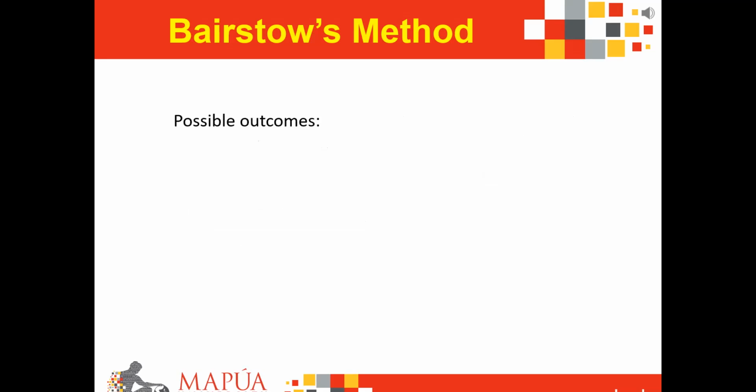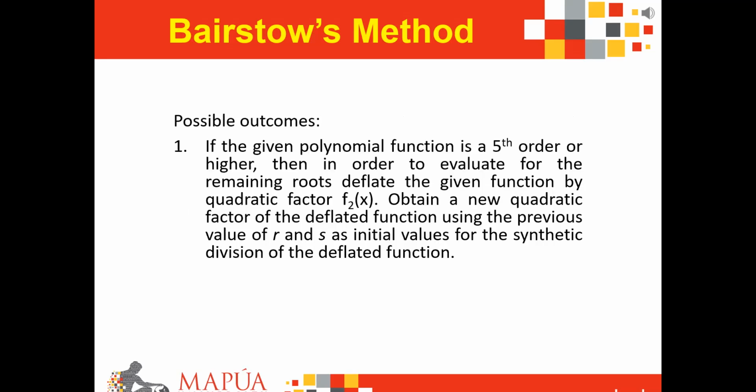What then would be the possible outcomes when I'm using this particular technique? Let's say you're given a polynomial function that is fifth order or even higher.